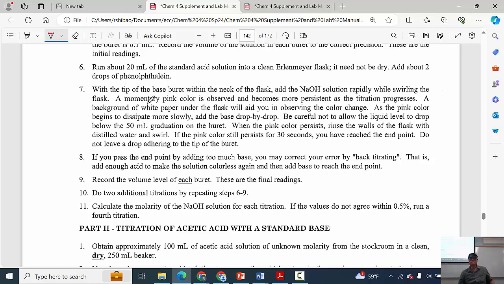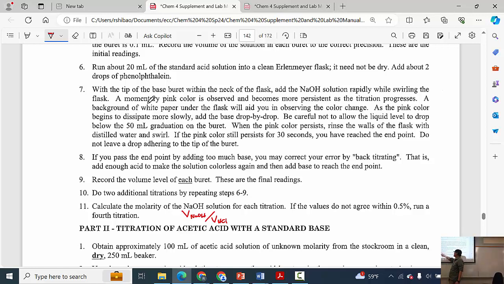What we're going to do instead, as an alternative to number 11, is calculate the ratio: the volume of sodium hydroxide over the volume of HCl. And so we're not going to do the stoichiometry calculation just yet. We just want a quick check.